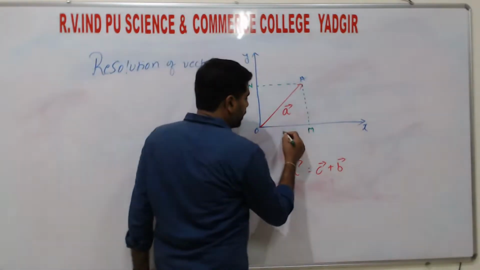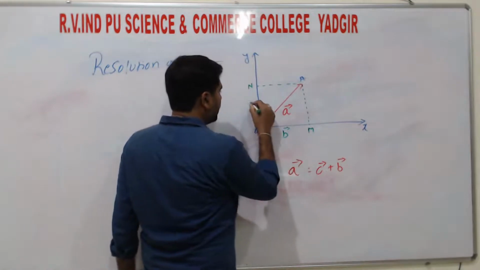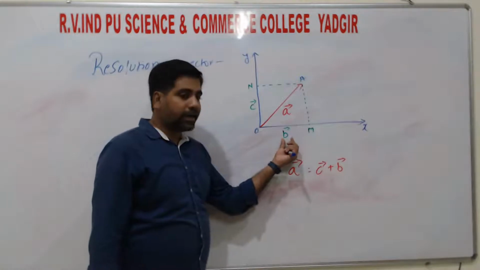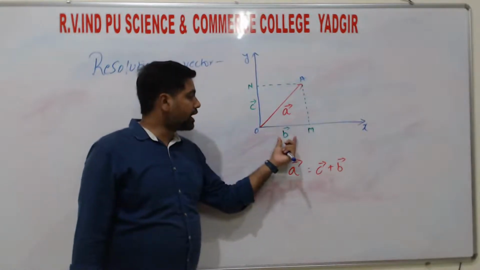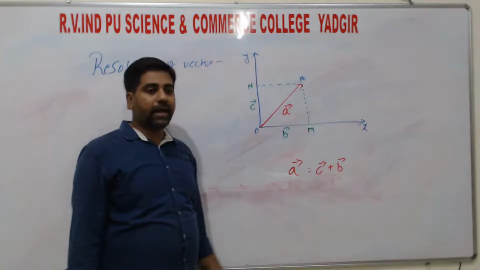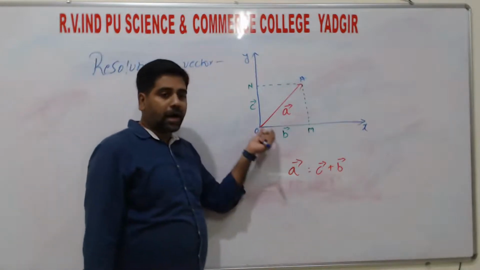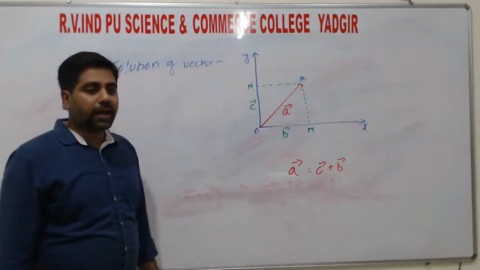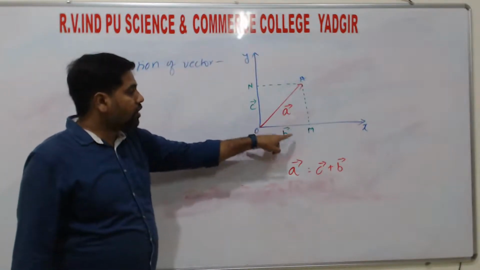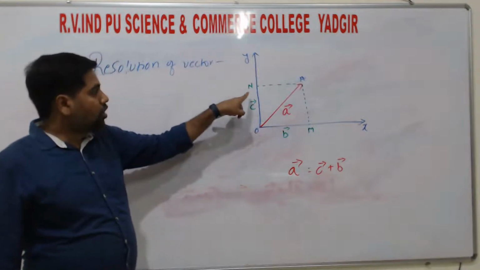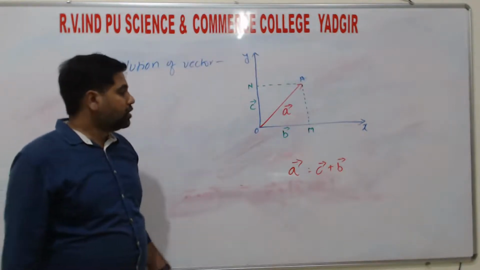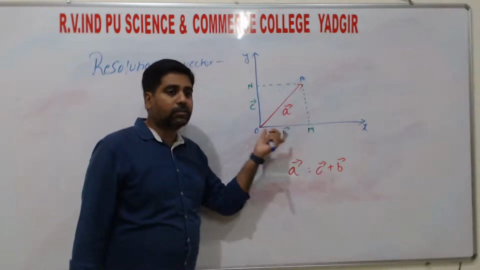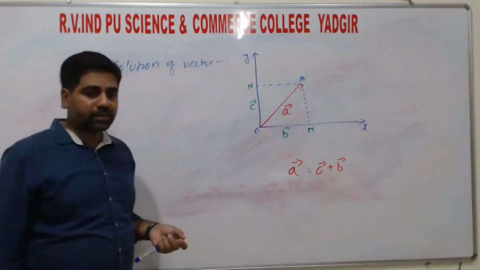So for example, if I take here the component B and here the component C, now vector B and vector C are the rectangular components of vector A. That is, we are splitting this vector along the x-axis and along the y-axis. Vector B has magnitude and also direction.